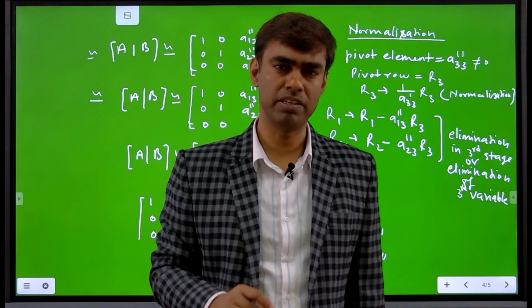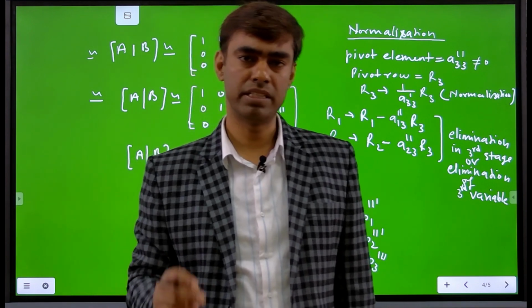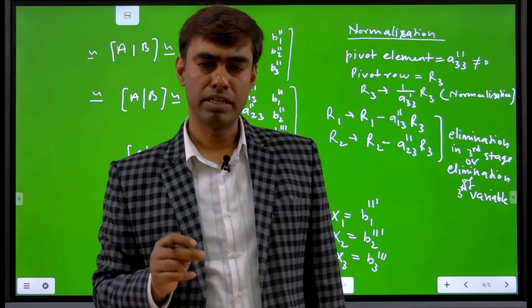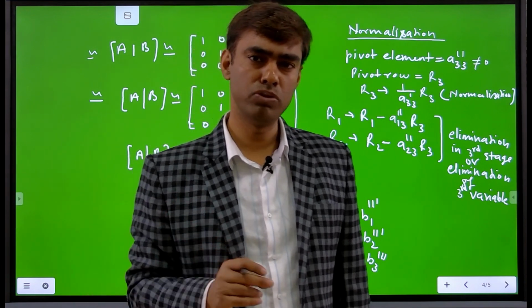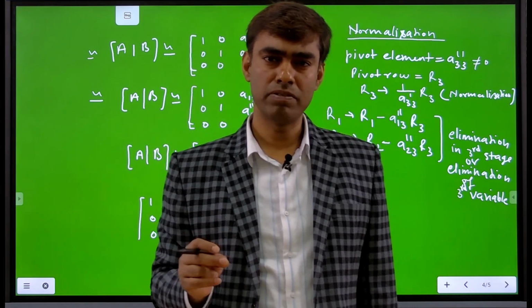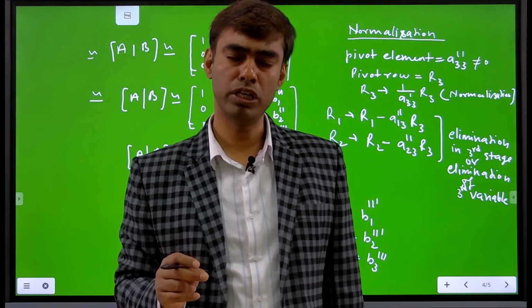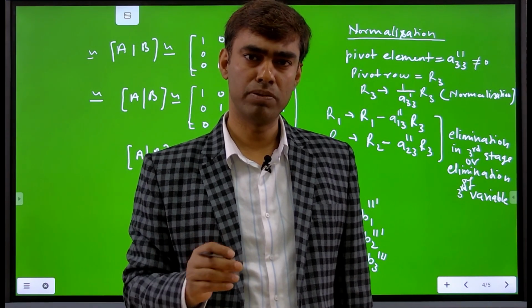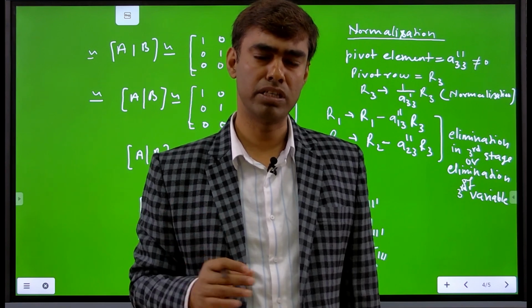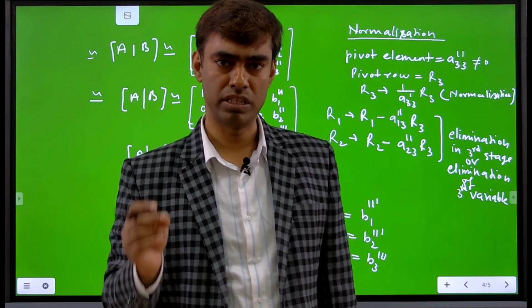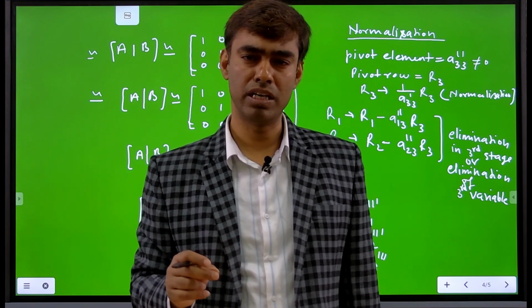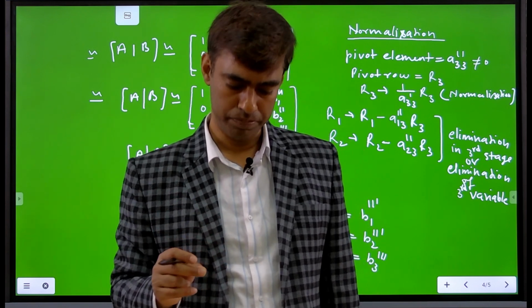Now what is the summary of the Gauss-Jordan elimination method? First of all, for a given system of linear equations, we assume that the system has a solution and that it is a unique solution. I am not talking about systems having no solution or many solutions; only a unique solution.